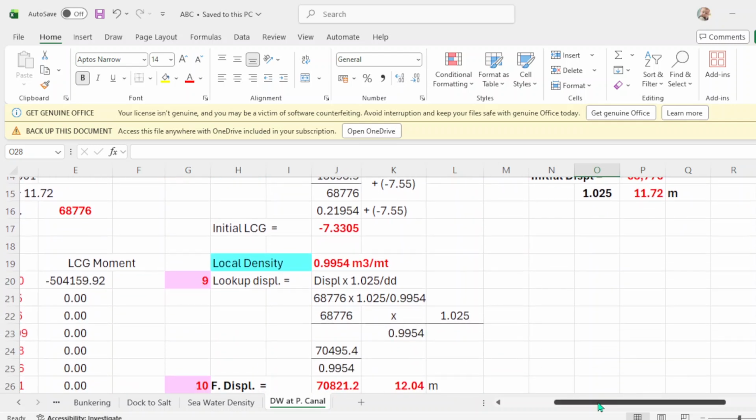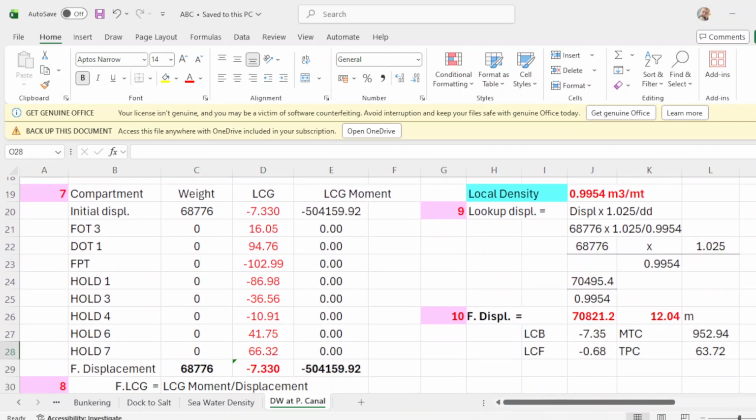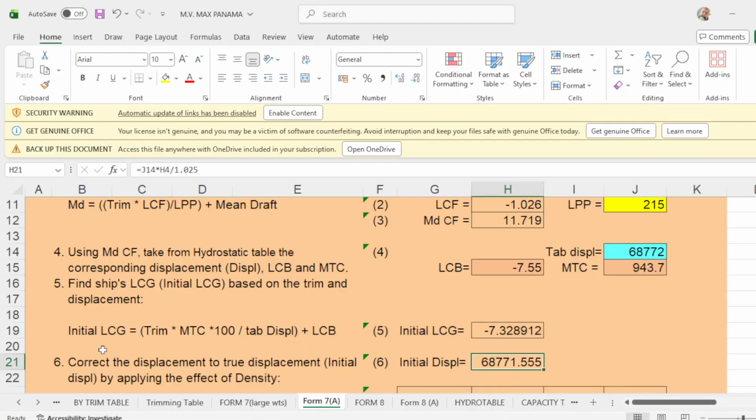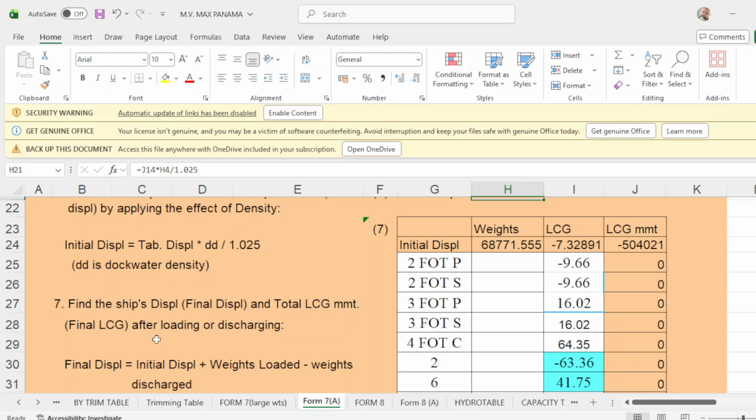This will be your number 7, this one, compartment, or your spreadsheet. Okay. So number 7, you go to number 7 here. Find the ship's displacement or final displacement and total LCG, final LCG after the loading or discharging weights.